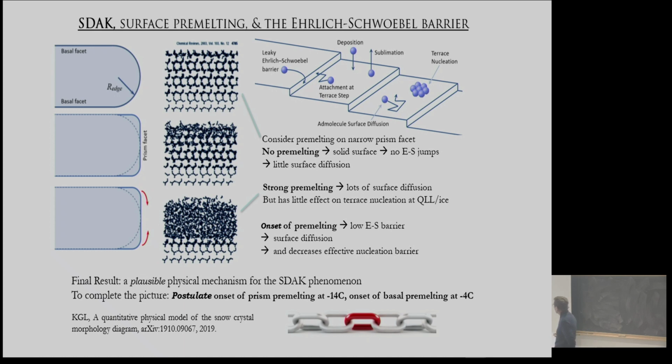So if you have no pre-melting up here, then there's going to be no surface diffusion. It's solid. Nothing's going to happen, and so you will not get any S-stack effect. Okay. If you have strong pre-melting, like this, then you have lots of surface diffusion. This thing's practically a liquid. But how is that going to affect the nucleation? There's so much mass there already.